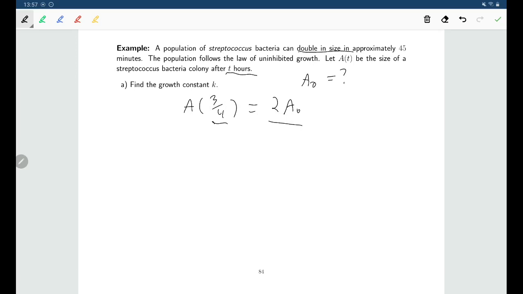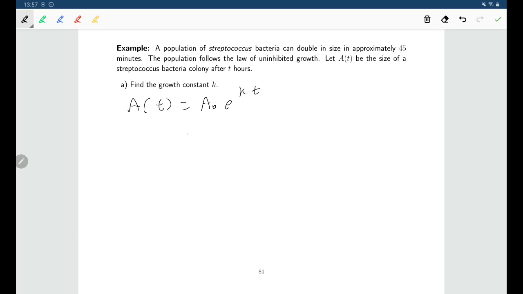And the other part that we need to keep in mind, of course, is that my time is being written in hours. That's why I've written the time as 3/4 rather than 45 minutes. 45 minutes is 3/4 of an hour. So we know that our formula, A of t, is A0 e to the kt.